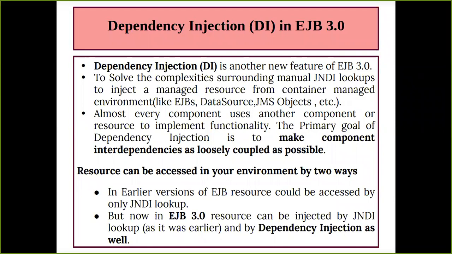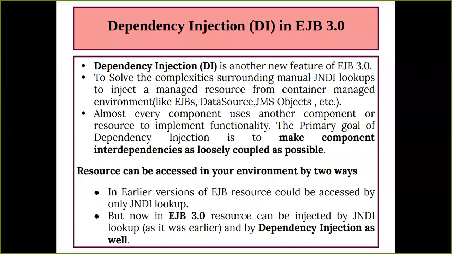The container itself is going to take the help. We don't need to write separate code to make the container understand that this complexity is there, so we need to make use of JNDI lookups to refer to it and solve the complexity. You don't have to do that when you use dependency injection.